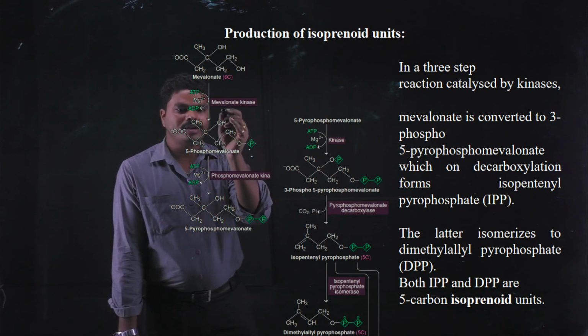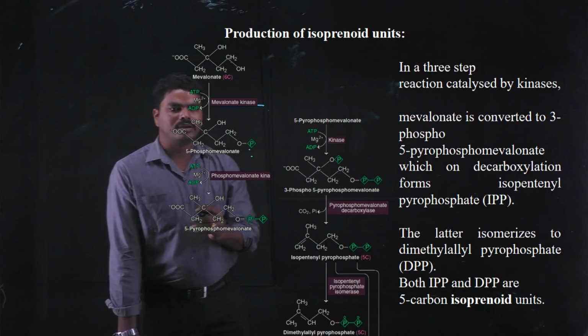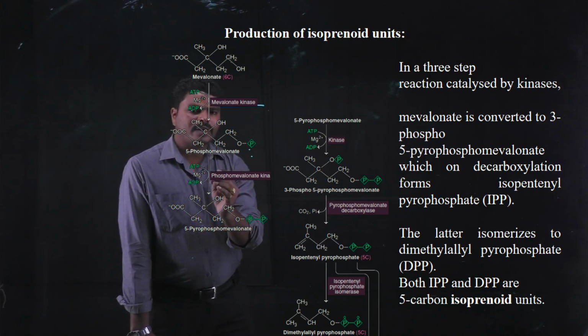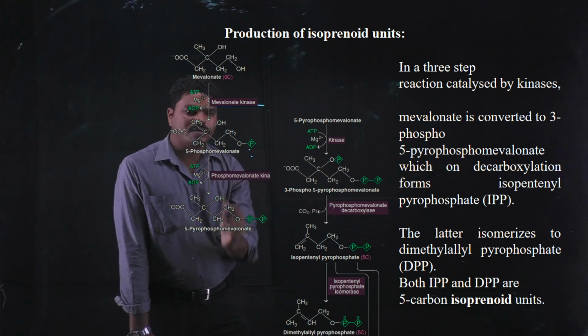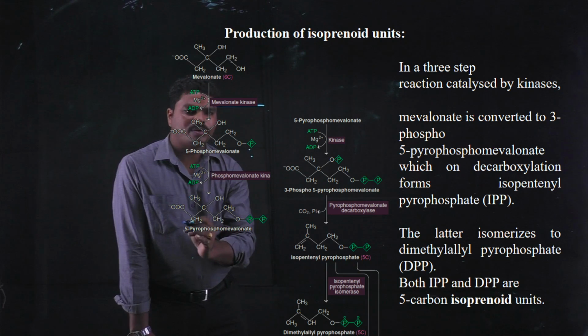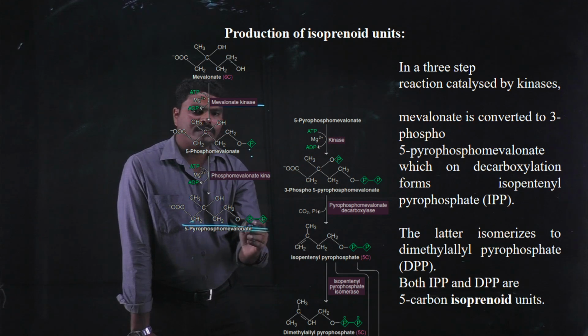This is the mevalonate kinase enzyme. For this purpose, ATP is required. ATP is utilized. And this 5-phosphomevalonate is converted to 5-pyrophosphomevalonate. That means another phosphate group is attached at this position.